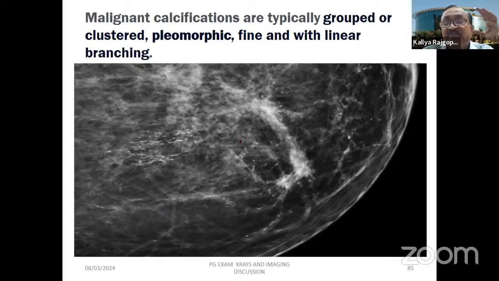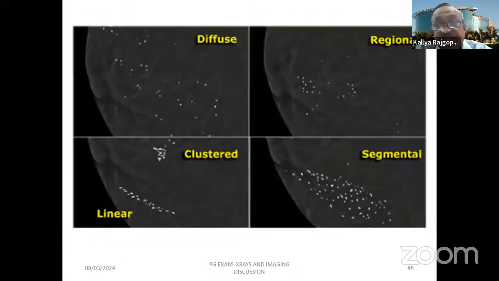These are all the words which are commonly grouped as pleomorphic calcification. They are fine calcification. So this look will tell that this is definitely a carcinoma of the breast. So mammogram findings can be so typical. Mammogram will definitely guide a biopsy.